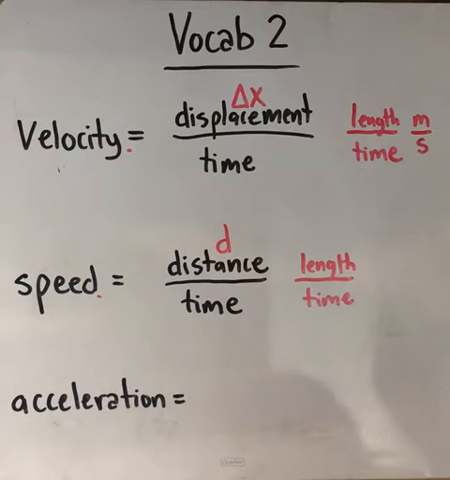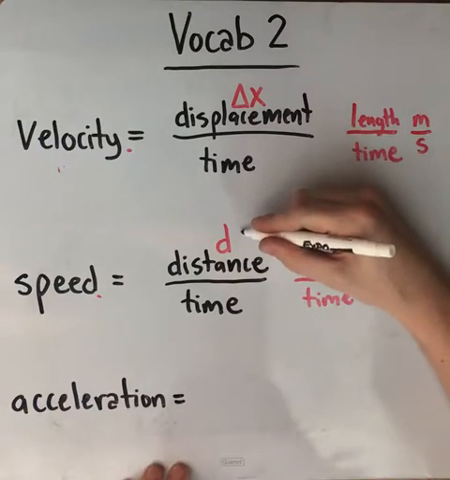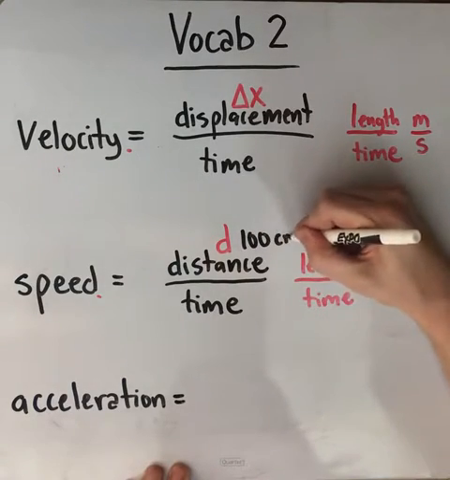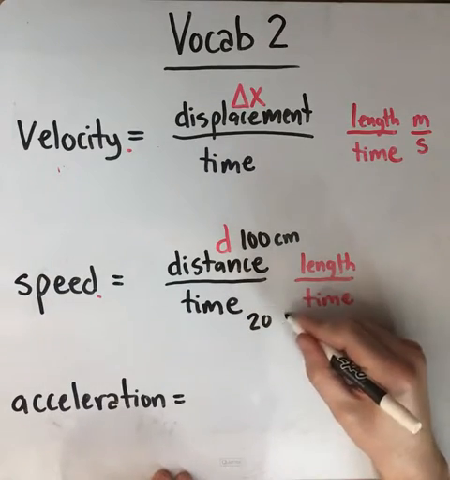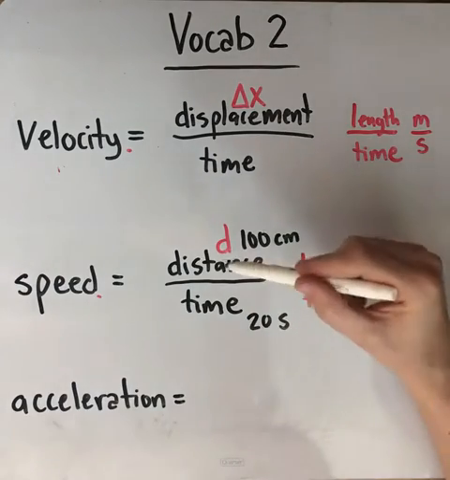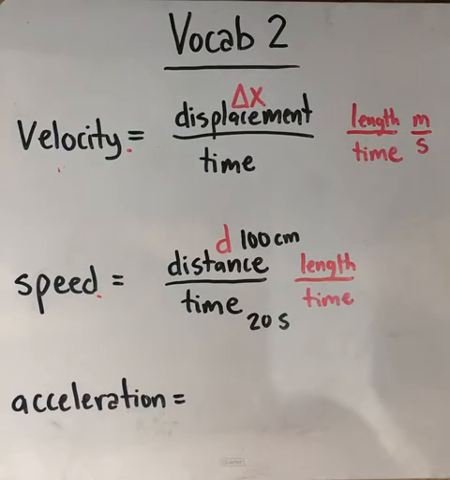Think back to our mealworm lab. If you were there, we had a bug that was running around on a paper towel. Now, maybe your bug ran 100 centimeters in 20 seconds. Okay, that's the distance that his little legs wiggled around the paper towel.